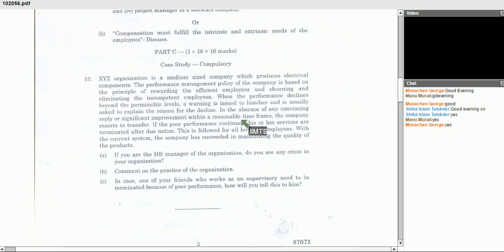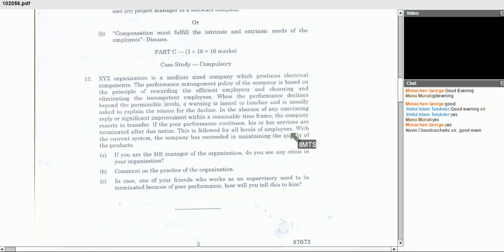or if the performance is not improved within a certain frame of time, the company resorts to transfer. If the poor performance continues, his or her services are terminated after due notice. If the performance does not improve, the employee is fired from the organization.